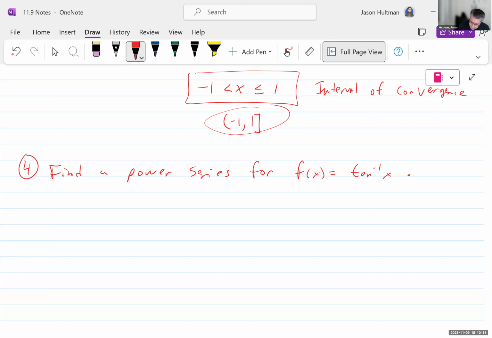Well, the derivative of inverse tangent of x is equal to 1 over 1 plus x squared, right? Okay, so if I were to integrate these, I would get the inverse tangent of x is equal to the integral of 1 over 1 plus x squared.